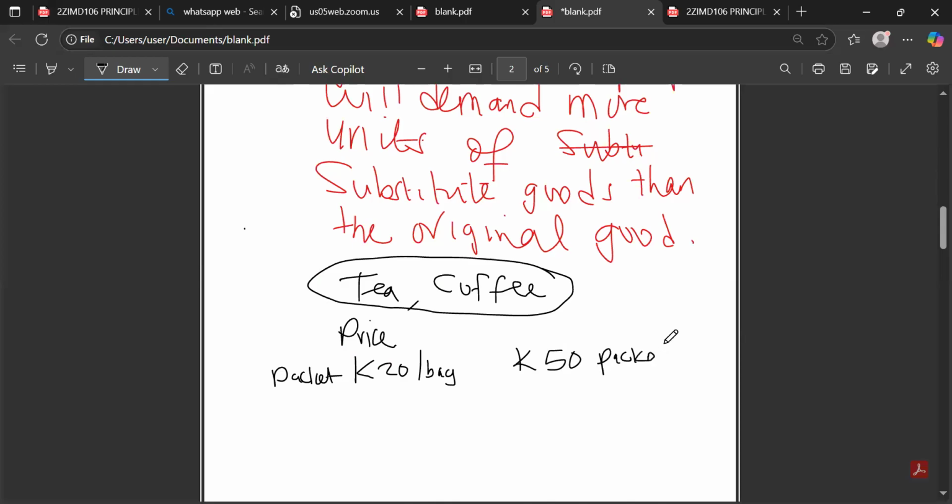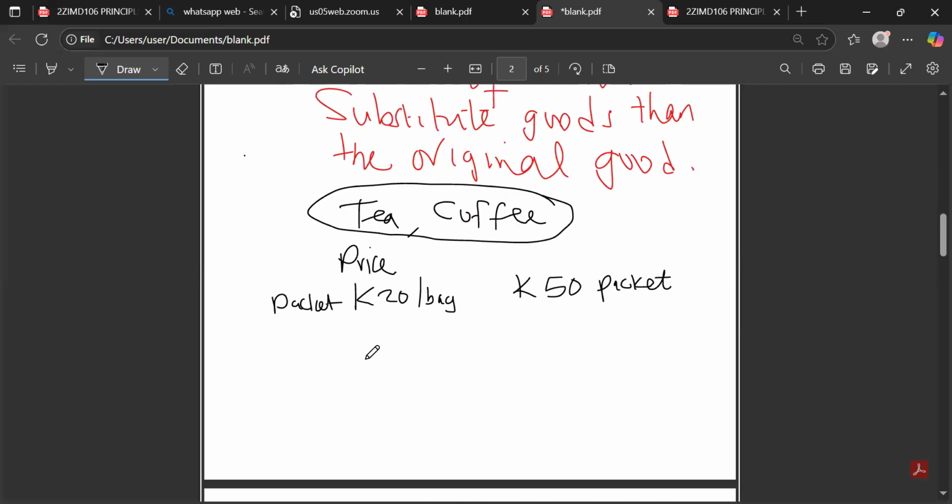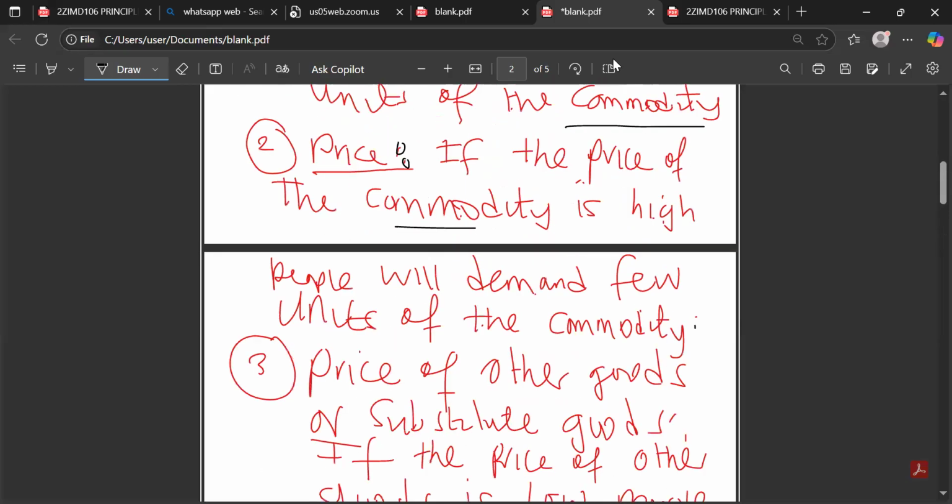So what happens here? People demand more tea; the demand for tea will be high and the demand for coffee will be low. Is that clear so far? Yes, it is.